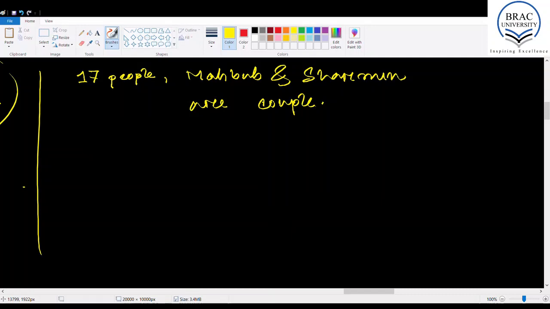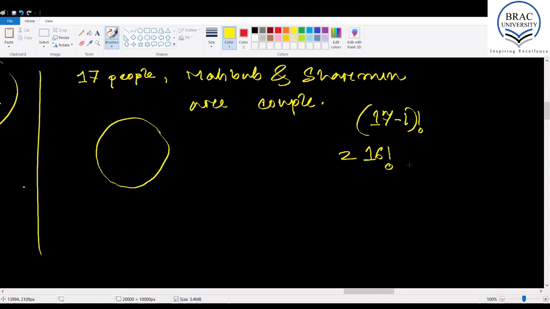So if I ask, in how many ways can you arrange these 17 people around a circular dinner table where Mahbub and Sharmin will always sit next to each other? To solve this question, if you just write 17 minus 1 factorial or 16 factorial ways, it won't follow the condition stated above, right?